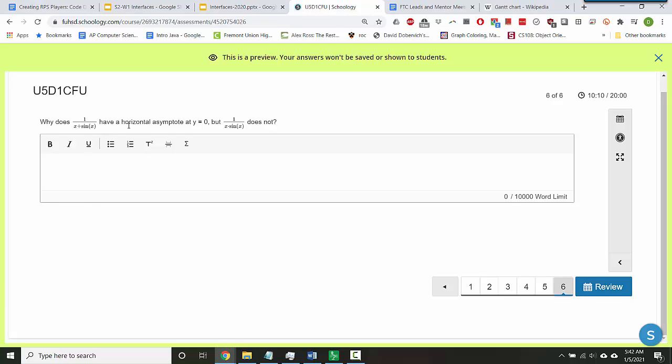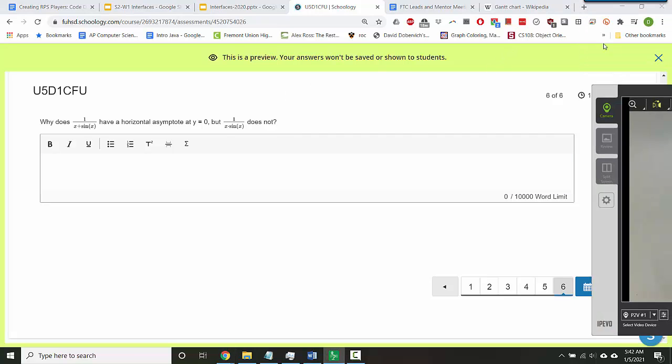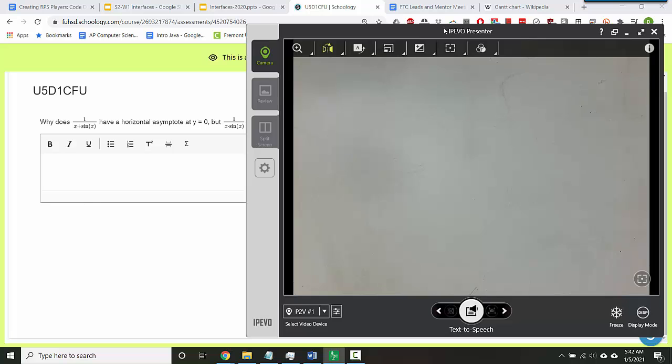Okay, last one. Why does this thing have a horizontal asymptote and that thing doesn't? This was more of an A-level kind of problem. What you have to do is go back to what we said in class about what produces horizontal asymptotes.